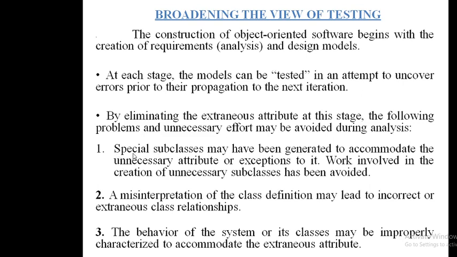The first one is that special subclasses may have been generated to accommodate the unnecessary attributes or exceptions to it. If there are any unnecessary attributes or exceptions, we generate special subclasses to place them, and the work involved in the creation of unnecessary subclasses is avoided.